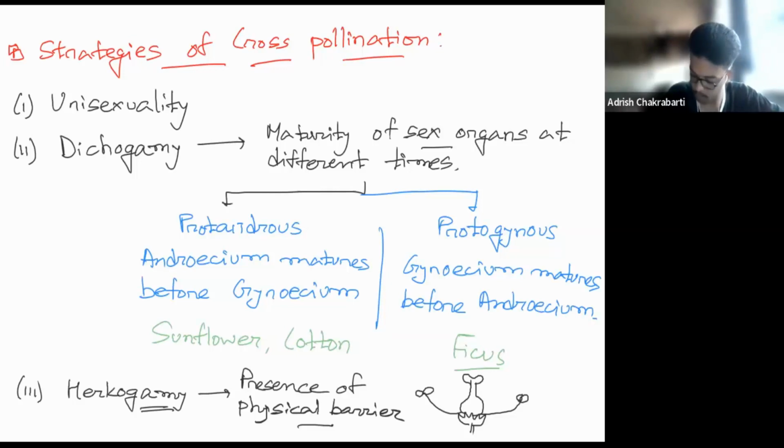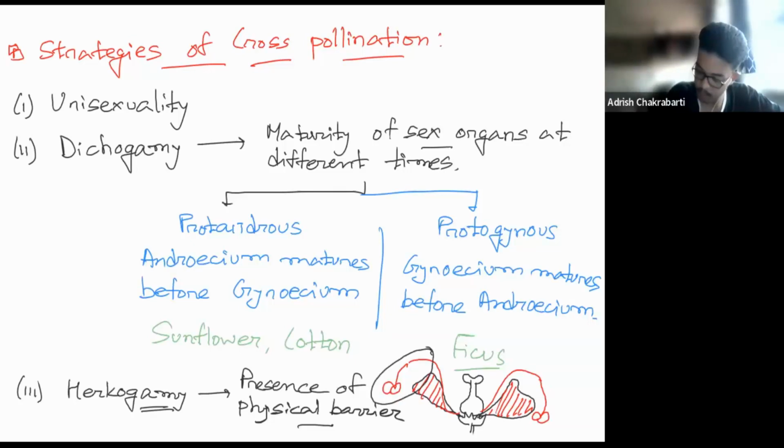Okay, let's draw this diagram differently. So this is the corolla over here. So now what is happening? This is the male reproductive organ. This is the female reproductive organ.